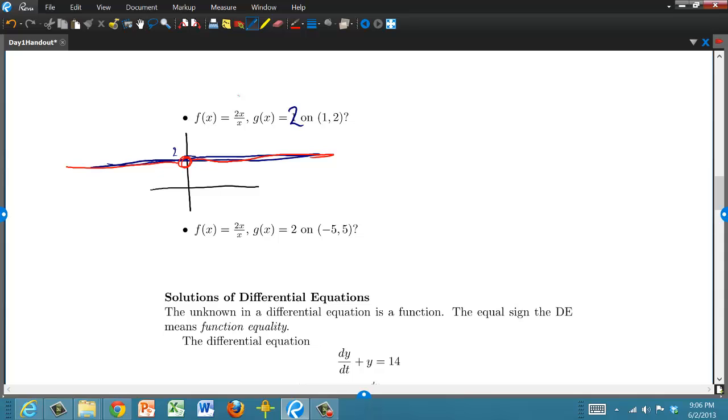So f of x is not defined at x equals 0, and so certainly g is defined at x equals 0, f is not. Now, what about on the interval 1 to 2, which is what I was asking about? Between 1 and 2, these two are absolutely the same function, right? They are absolutely the same between x equals 1 and x equals 2. So f is equal to g on the interval 1 to 2. On the other hand, what if I ask about the interval -5 to 5?